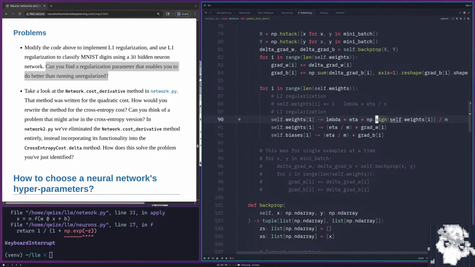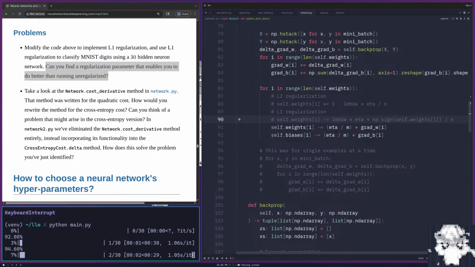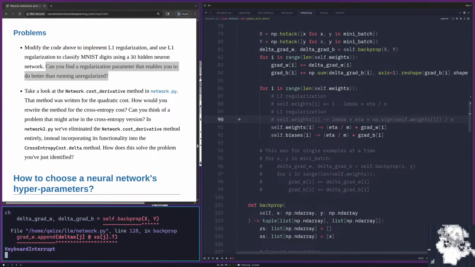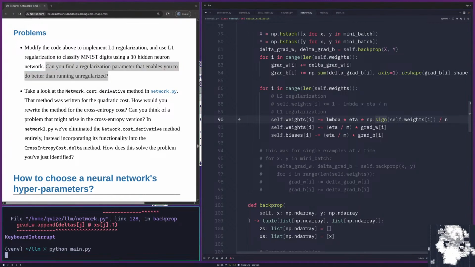So here's unregularized. Actually, that works pretty well. And then here it is with L1 regularization.